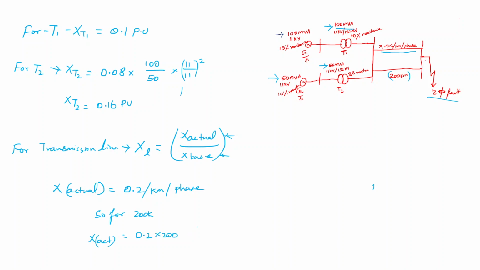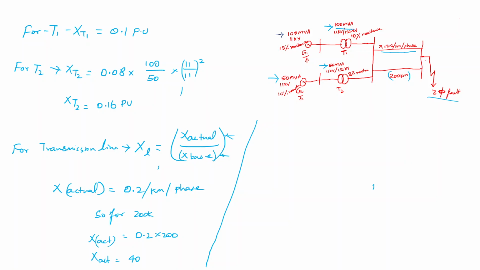How much total value? 0.2 into 200? 40. Okay, so this is the actual 40. Now I will continue here only. We also know that in this XL, instead of X base I can put Z base also.